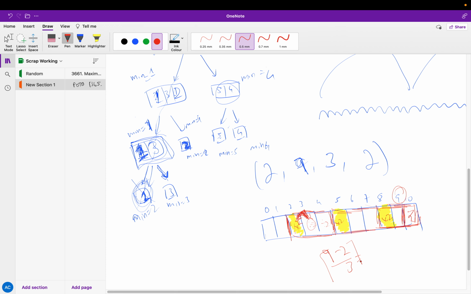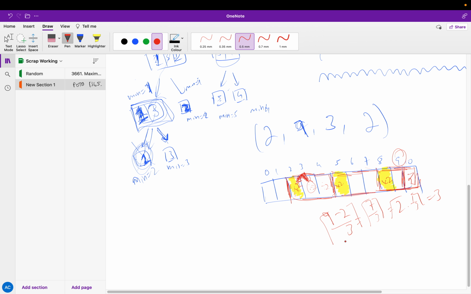Do I have to floor? I'm trying to figure out what the formula is for how many elements I will have to increment. I think it's actually this plus 1.